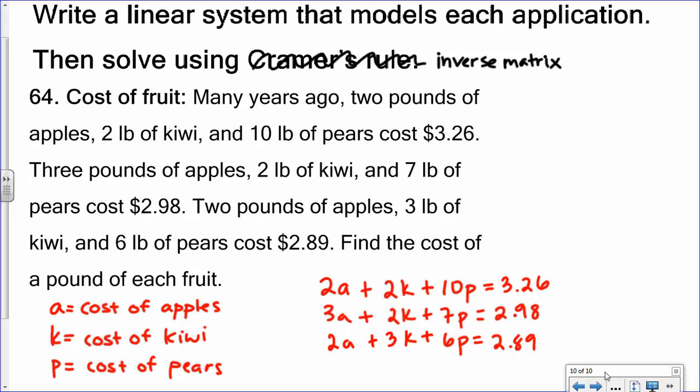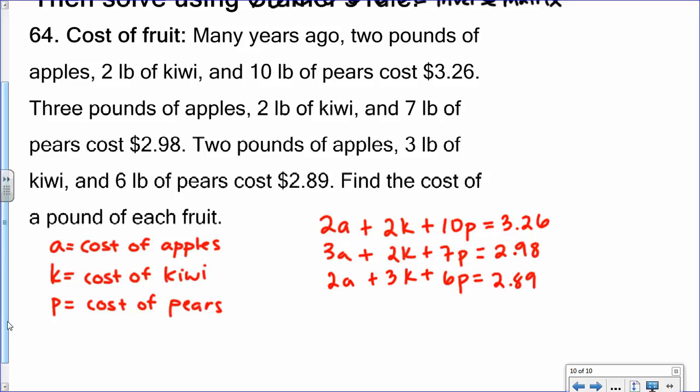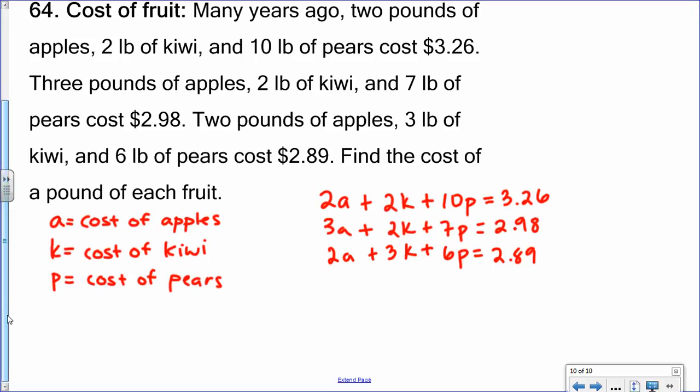Okay? All right, so using an inverse matrix, we're going to set up that matrix equation. This is what we did in 6.3. This is on your test, so you'll have to know how to do it. Everybody okay with how I set up the equations?